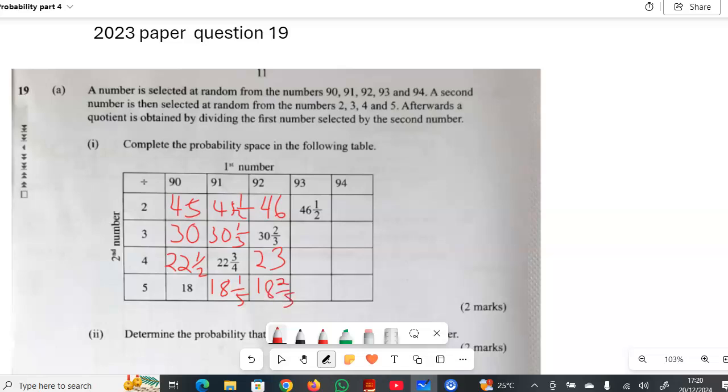Then you have 93 divided by 3, you get 31. 93 divided by 4, you get 23.25. And then 93 divided by 5, you get 18 and 3/5.